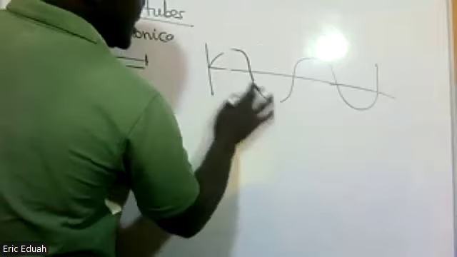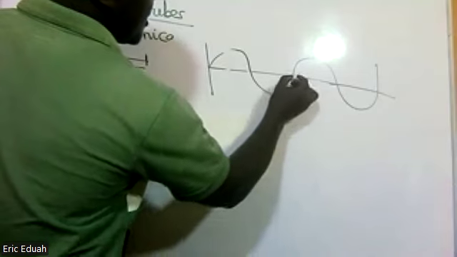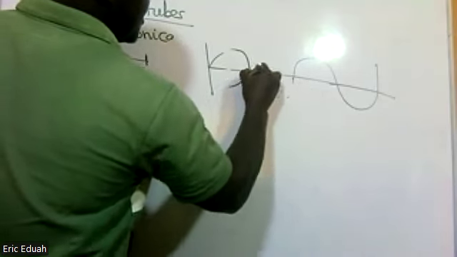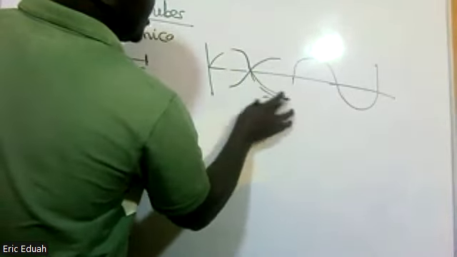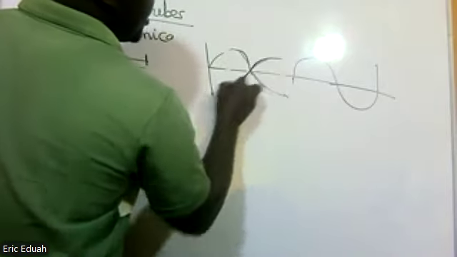The incident must look like this. And then the reflection must also look like this. Of course, they must have the same amplitude. So when you are drawing it, you bring them together.